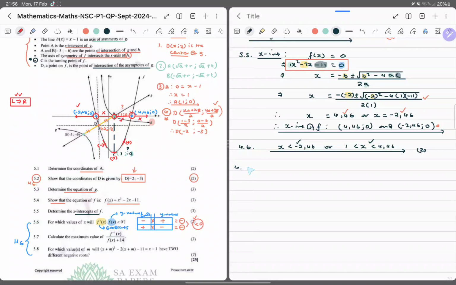So 4.7. We now need to calculate the maximum value of this business right here. Again, a new matriculant does not know what the second derivative f double prime is.